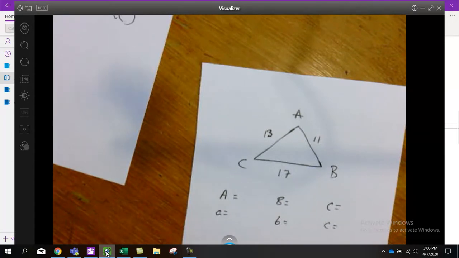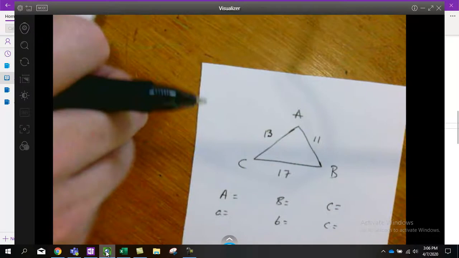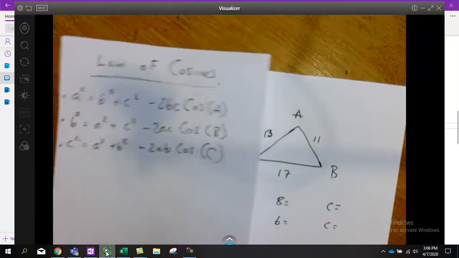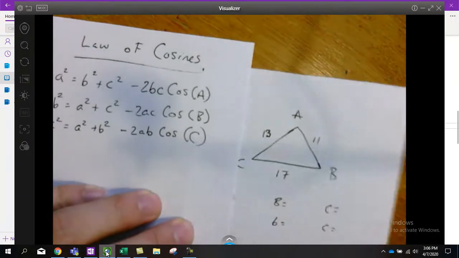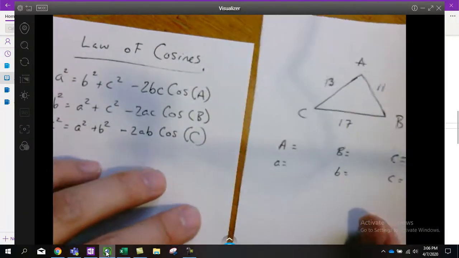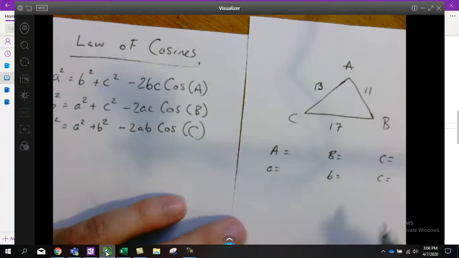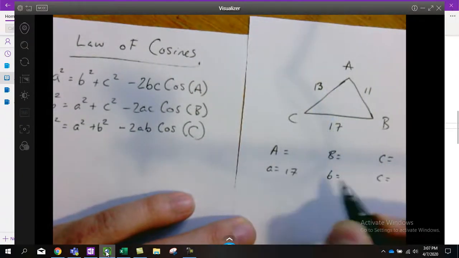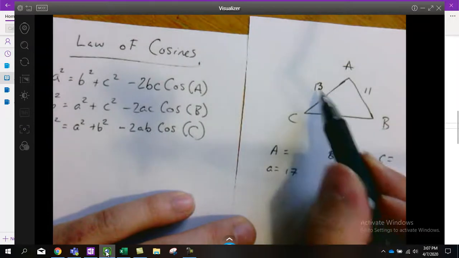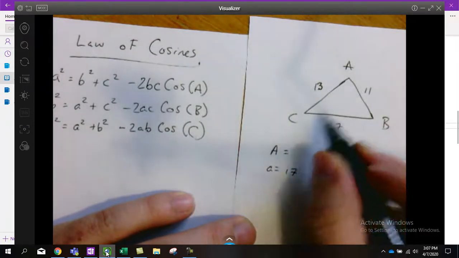And since the law of cosines gives me all the choices I want, I'm just going to go after A. It's as good as any. And so we're going to set up the law of cosines using the A information. Now, as a side note, little a would be the 17, little b would be the 13, little c would be the 11.